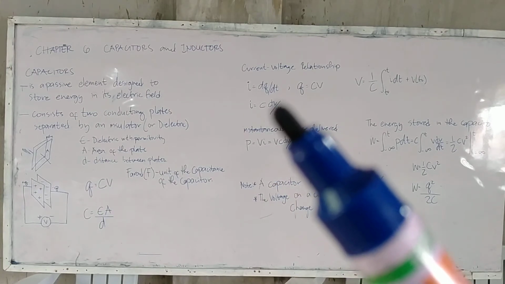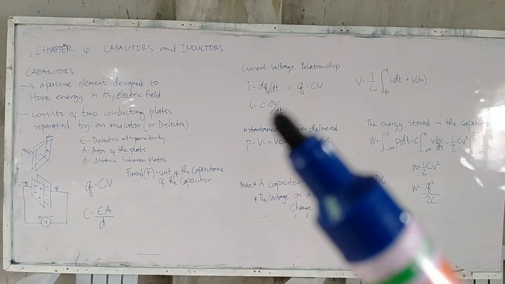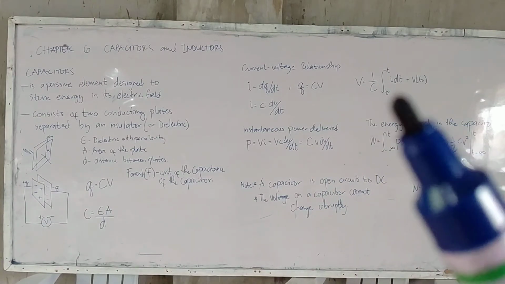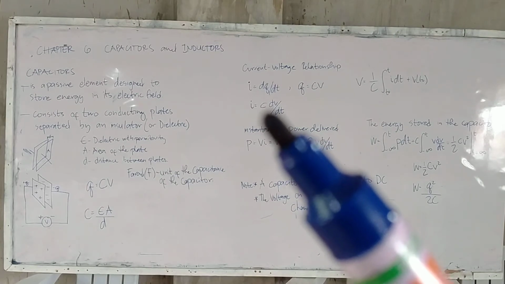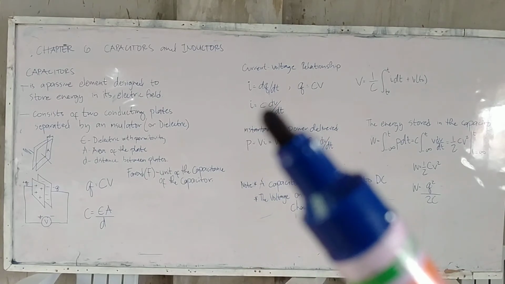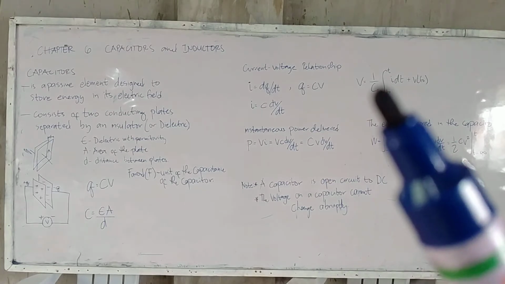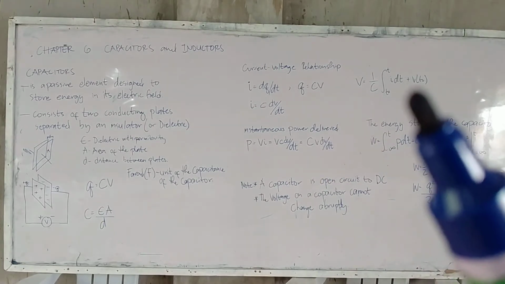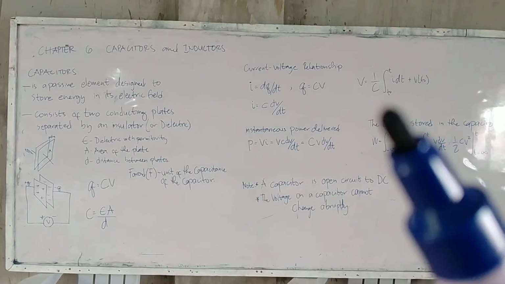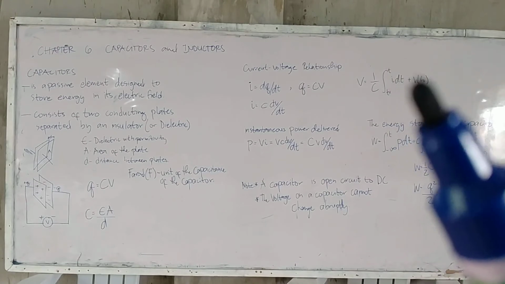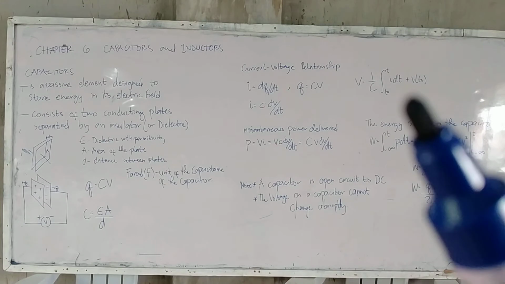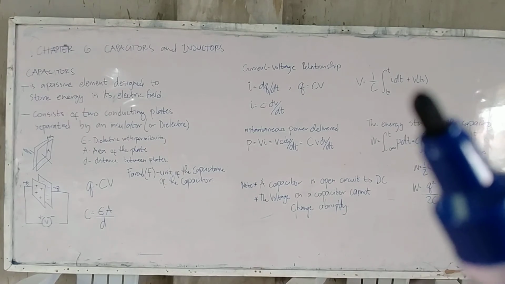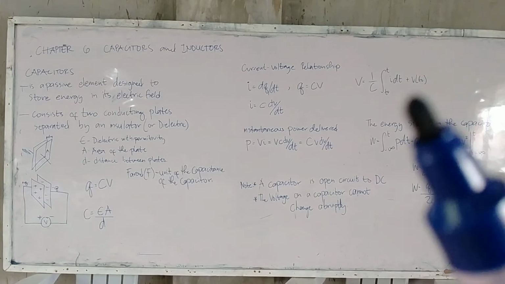As you can see, this is a derivative, so we take the antiderivative, applying a simple separable differential equation. So we have 1 over C, integral from initial time t0 to t of i dt, plus v(t0), meaning the v(t0) is the initial value of the voltage of the capacitor.